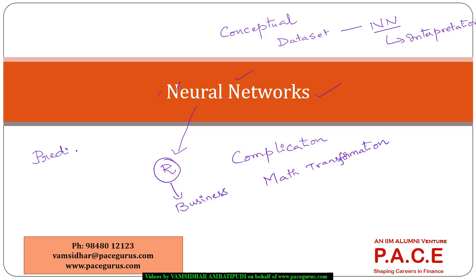So as an applied user of neural networks, I can comfortably use them for prediction purposes or for classification purposes, because tools are doing the job for me. But if I have to get the mathematics behind it, then I need to have many concepts in mathematics clear. So here the focus is just to give you a broad outline of those mathematical concepts, with the major focus being how these neural networks are actually used for prediction purposes.